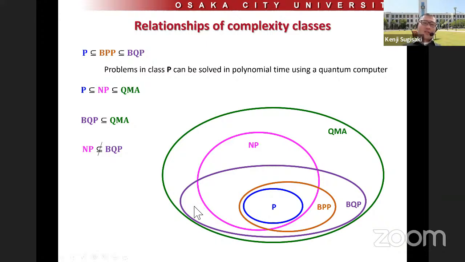So this diagram includes a very important thing. The NP-complete problem is somewhere around here.